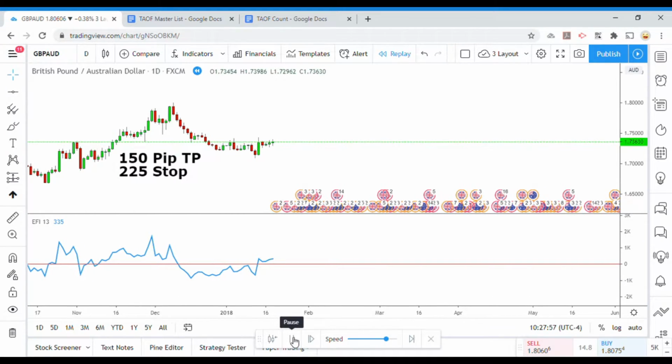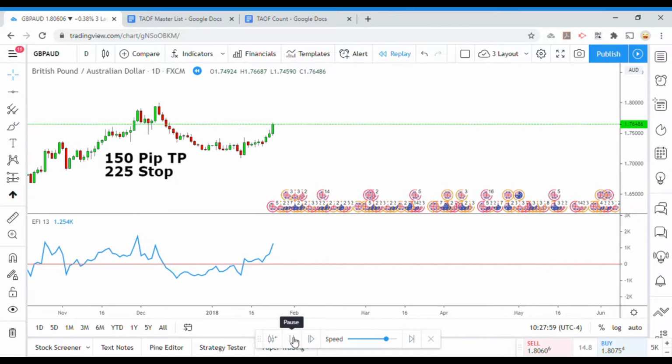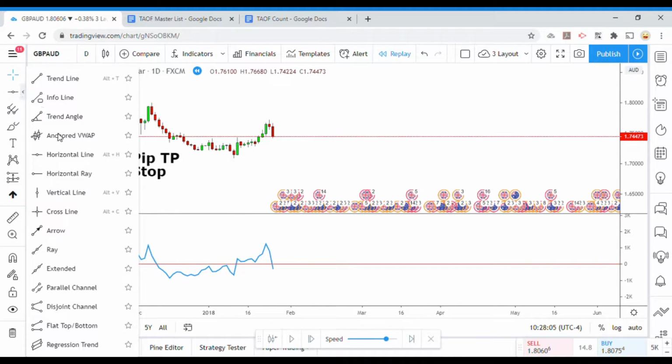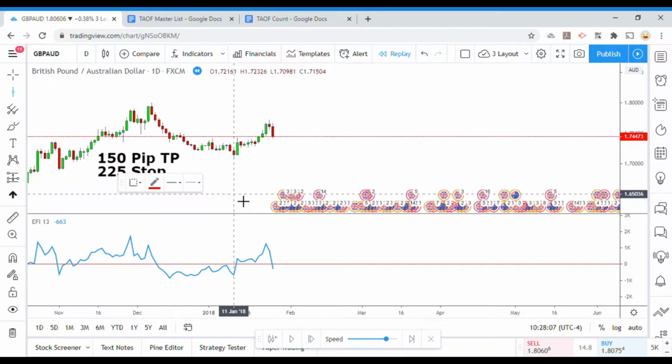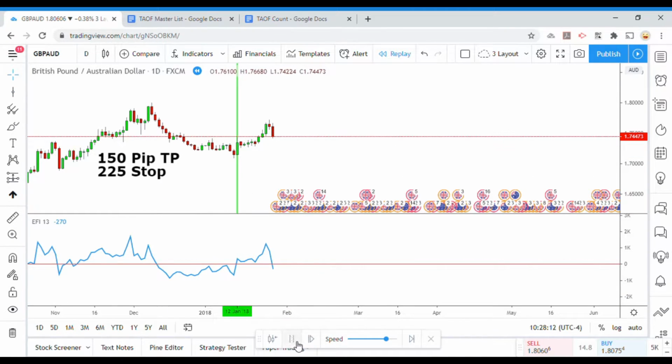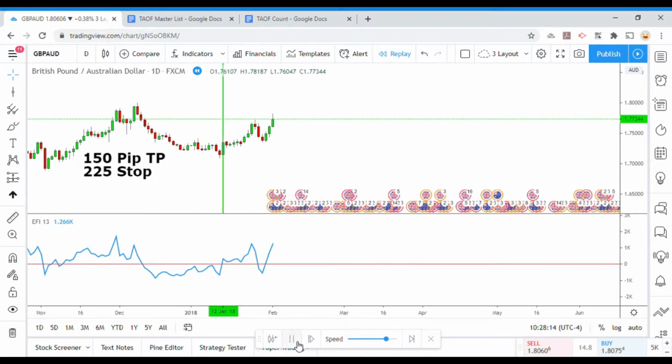There is our first signal. It is a buy signal, and it did us rather proud. Took off pretty good there. We then pick up a sell signal here.